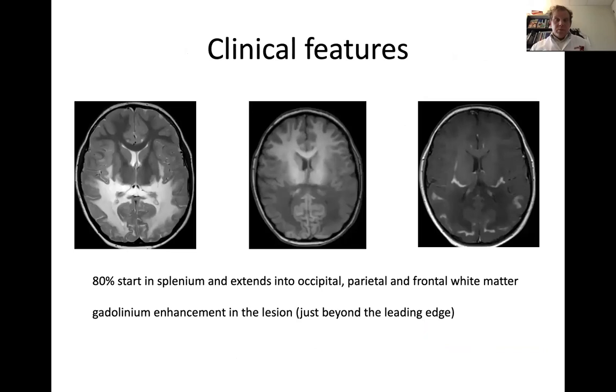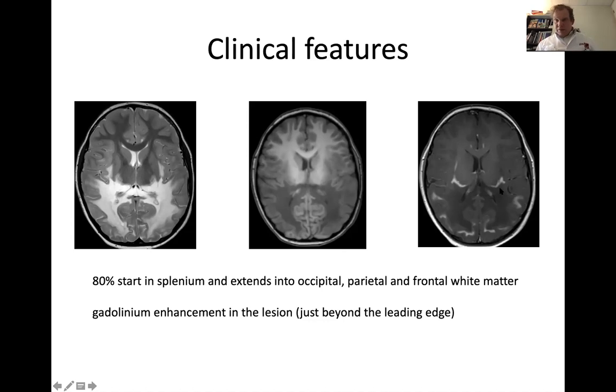So what does it look like on MRI scans? Well, the MRI images are virtually pathognomonic for X-linked adrenoleukodystrophy. About 80% of the cases of cerebral ALD start with small lesions in the splenium of the corpus callosum and then extend into the adjacent white matter and then progress. And this is actually the only leukodystrophy I know which shows gadolinium enhancement.